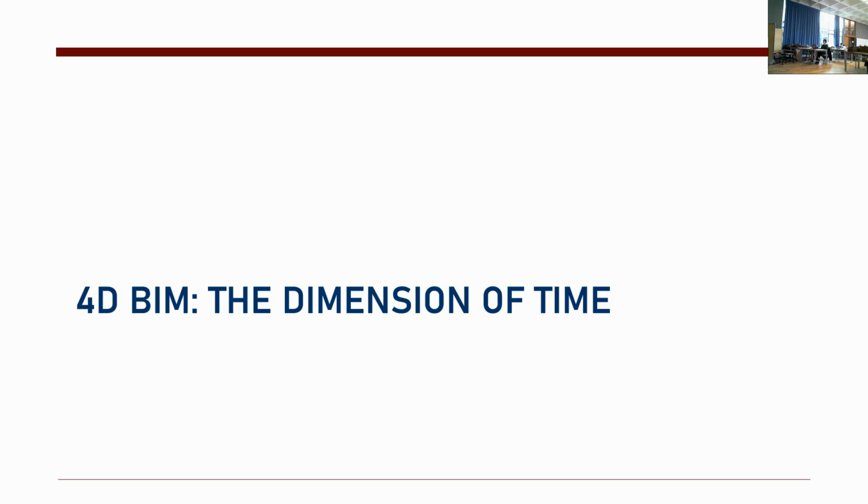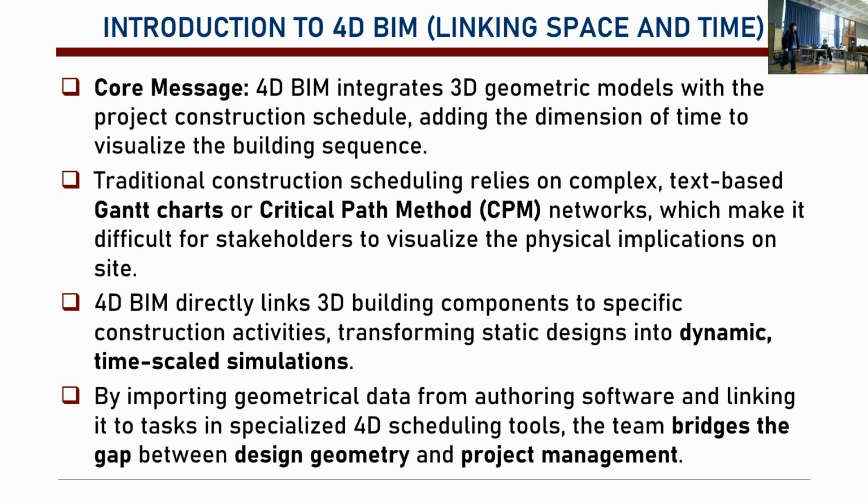So let's continue with the time dimension, 4D. Basically, we integrate the project schedule, the construction schedule, into the 3D geometric model. As a result, the fourth dimension is time. The dimension of time is there to visualize the building sequence.